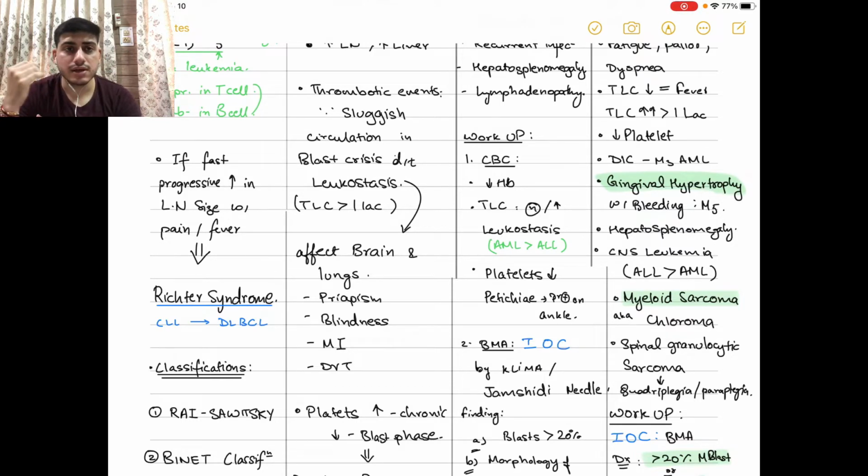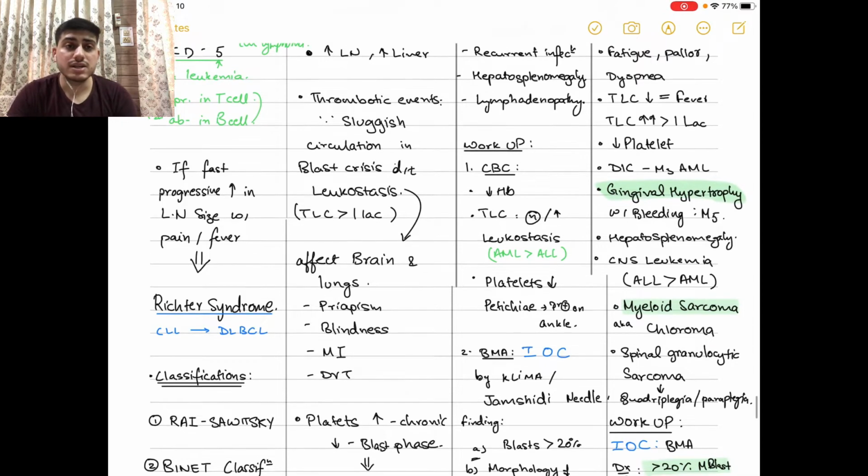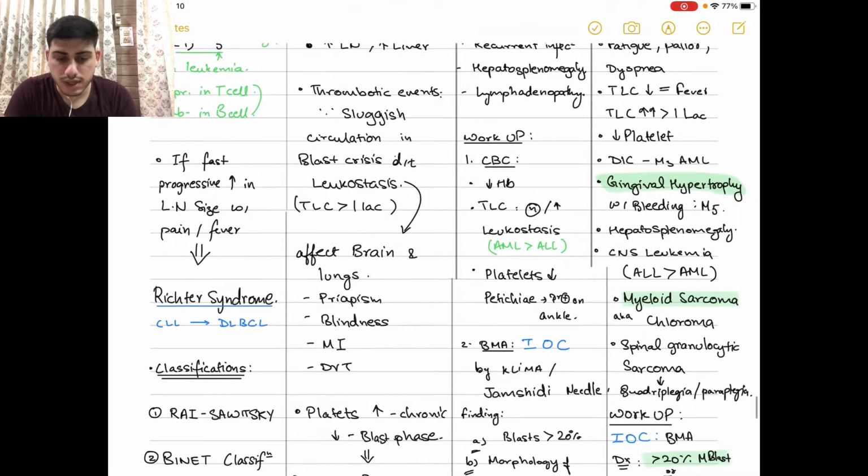Just imagine, the blood will become so much thicker, so viscous, that there will be circulation compromise, and because of that sluggish movement there will be stasis. That's why it's called leukostasis. And anything which remains at a place for a longer time will start to have thrombosis within it. So that is why thrombotic events are mentioned here, because of the leukostasis component of this disease.